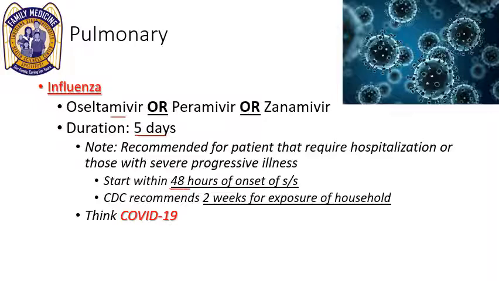You need to start the oseltamivir or the other two within 48 hours, and you have 2 weeks for exposure for household, meaning that if the patient is at a household that's full of people, then you need to ask that patient, is anyone on immunosuppressant therapy, is anyone severely ill, and as always, thinking about COVID-19. COVID-19 being our star of the show for the past years in 2019 and 2020, and being able to parse apart, is this COVID-19 or is this influenza?